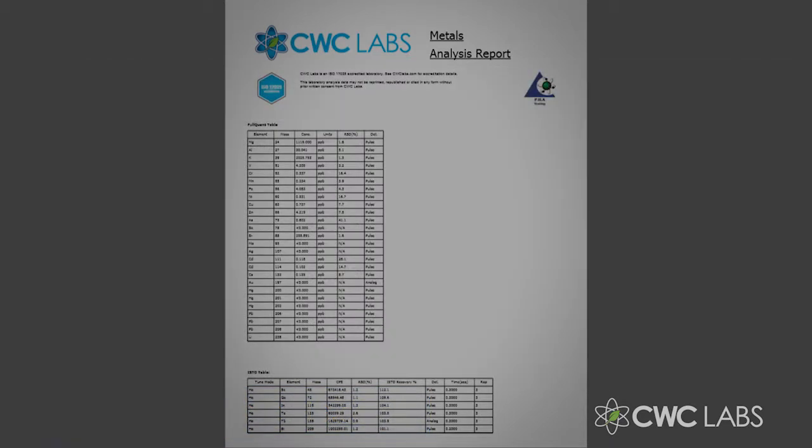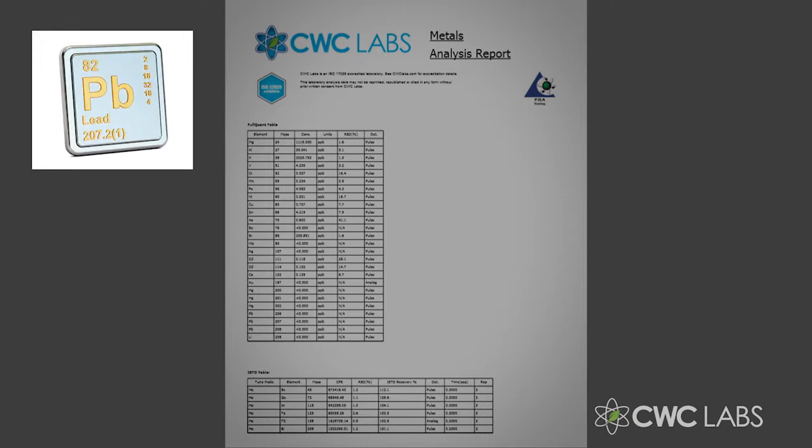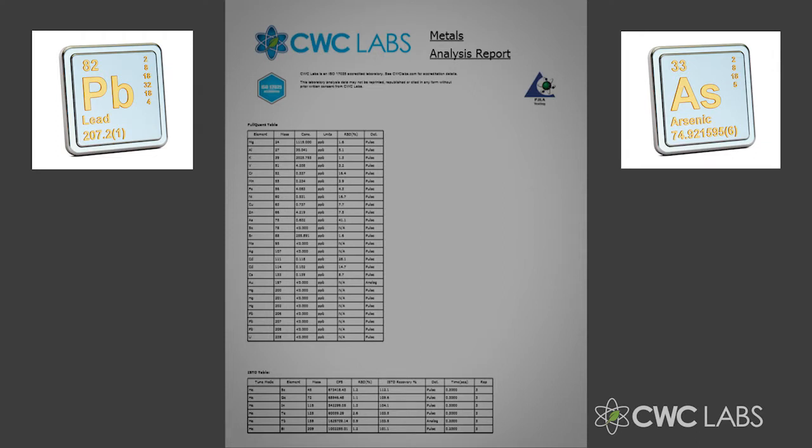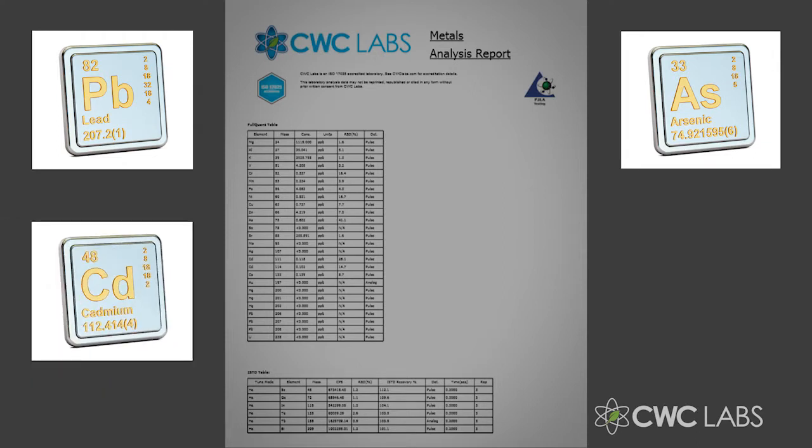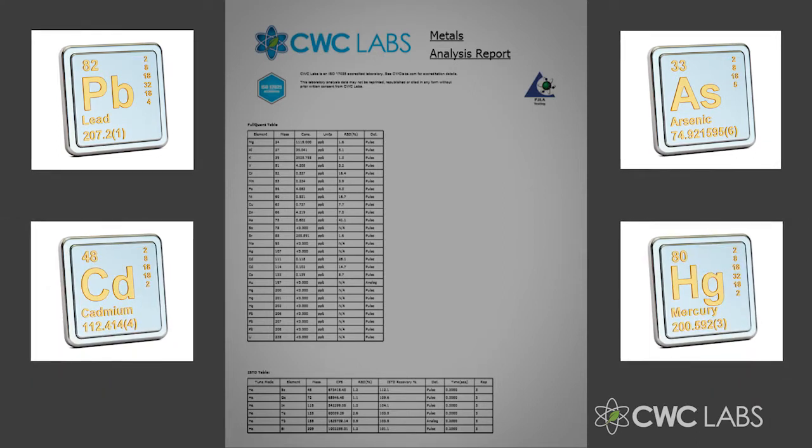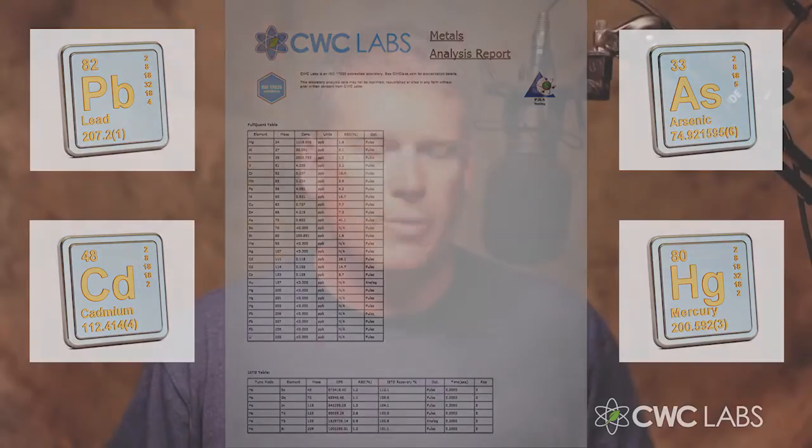But the ones that you should be most interested in, if you're concerned about toxicity, would be lead, which is Pb, arsenic, which is As, cadmium, which is Cd, and mercury, which is Hg. Now, nutritive elements are good elements, and those would include magnesium, Mg, maybe trace amounts of zinc, Zn, as well as copper, Cu.